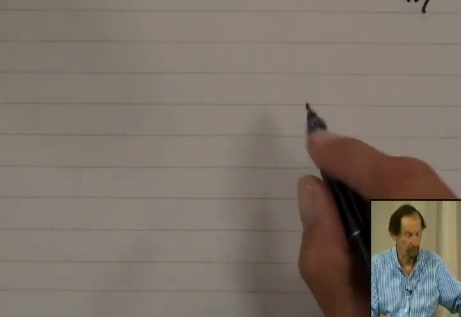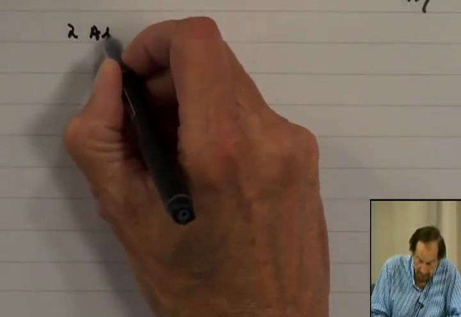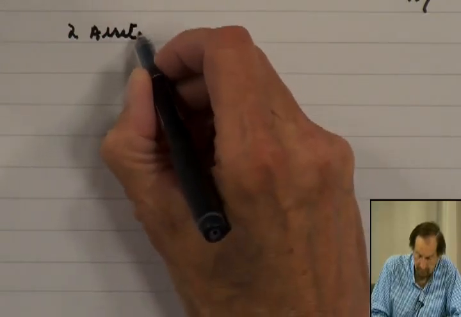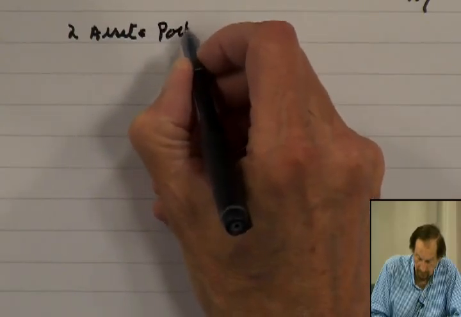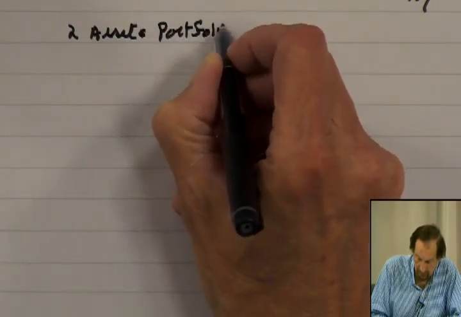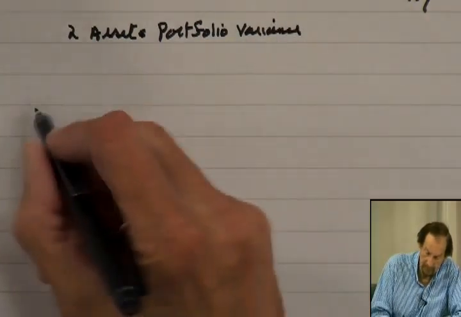So we're going to see a neat thing here. If you could find two assets that are perfectly negatively correlated, you'd be doing great. Let's see why. Now, the two asset portfolio variance is what?